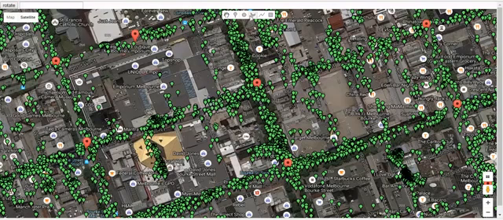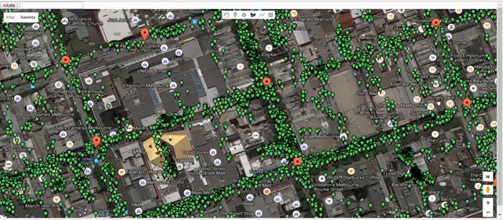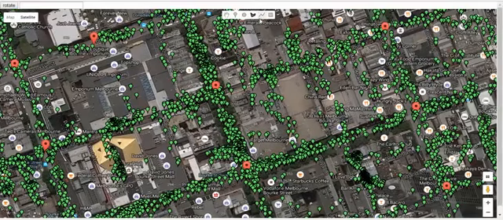So we can actually draw a polygon and select only a very small section of road. You can select a very small section of road using this polygon, or you can draw a circle to just know what is happening around this thing.